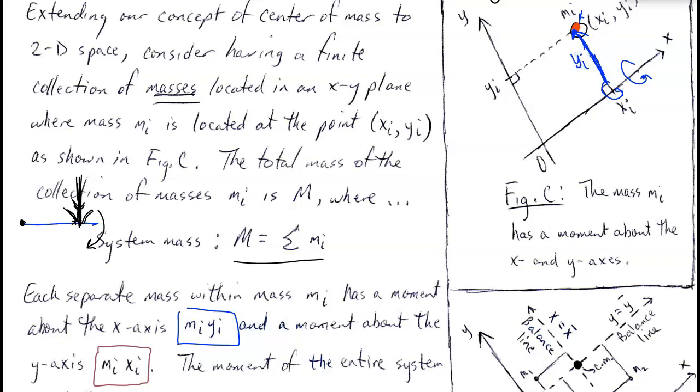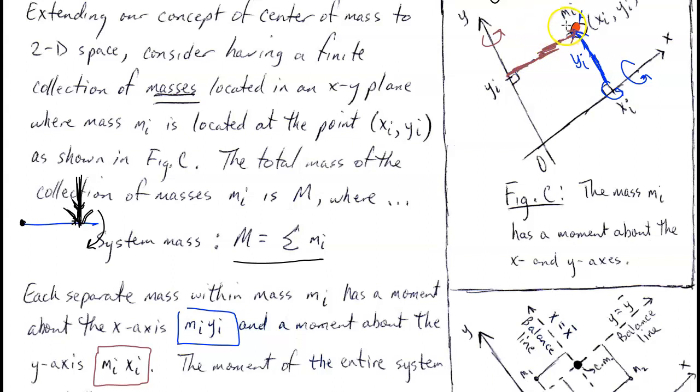Now, if we look at this from the other point of view, moment about the y-axis, of course, we want whatever our mass is to rotate about the y-axis. And so to do that, I would have to have a force going in this direction.